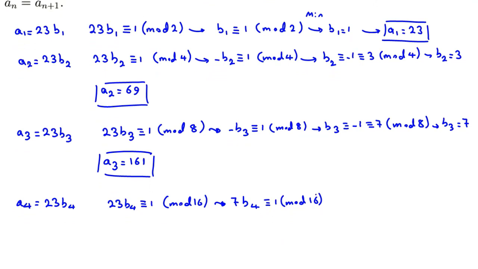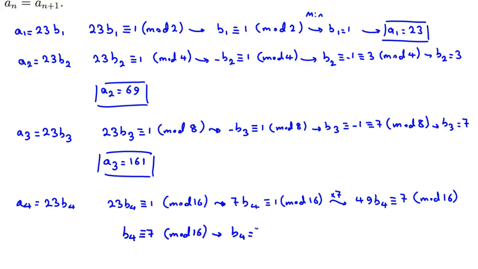Or we can also multiply it by 7. So 49B4, 49 is 1 mod 16. So B4 is 7 mod 16. Then we conclude, okay, the minimum B4 is 7. Okay, so it's the first time we see two consecutive A_i's are equal, A4 equal.